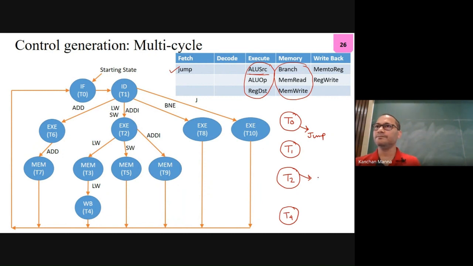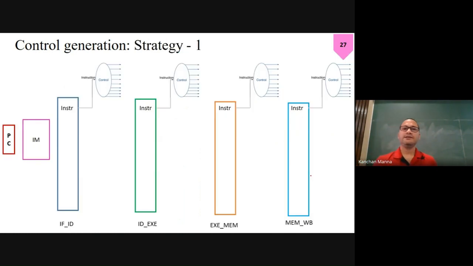From here. Got it? So in that way, the strategy we are seeing is that for each stage we have some controller. This is T0 that we have seen, T1. So this could be one strategy for how we generate the control signal. If you remember, there would be a decoder that will check the instruction type.